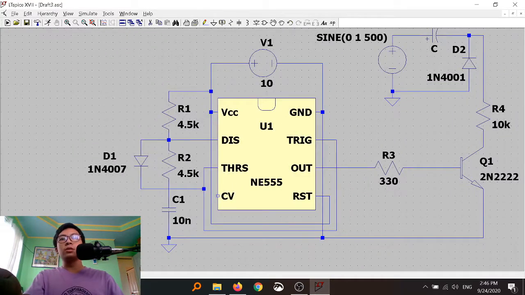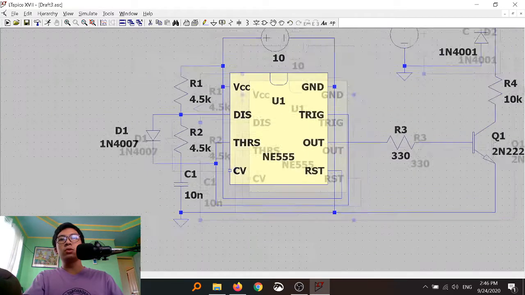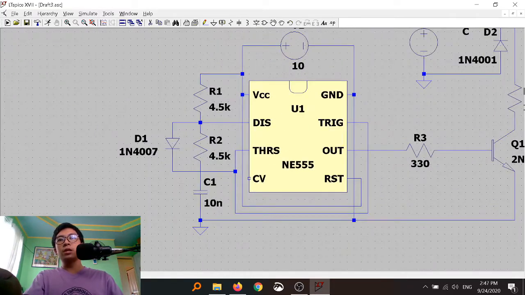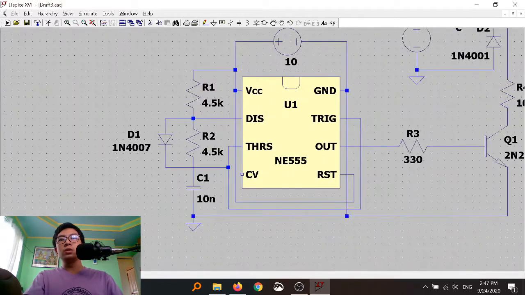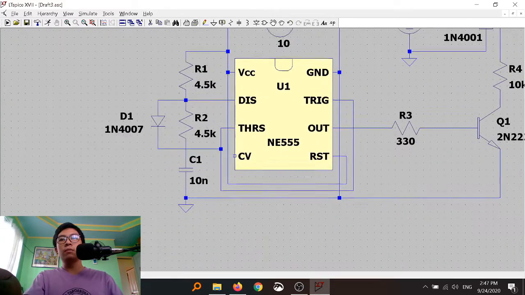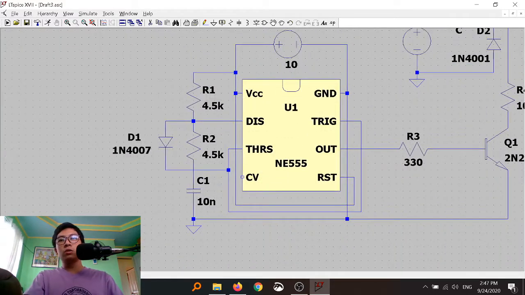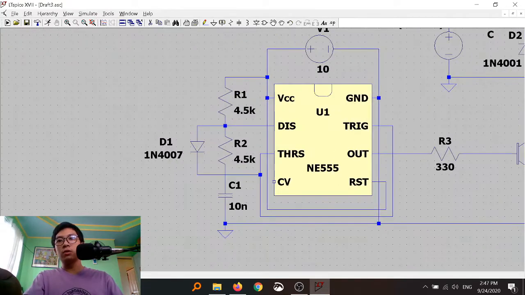So it is connected to VCC and to RST, and its negative is to the ground, while both RST and VCC are interconnected with these two resistors and capacitor, which are all interconnected here.